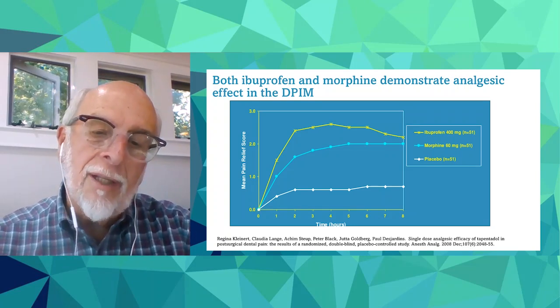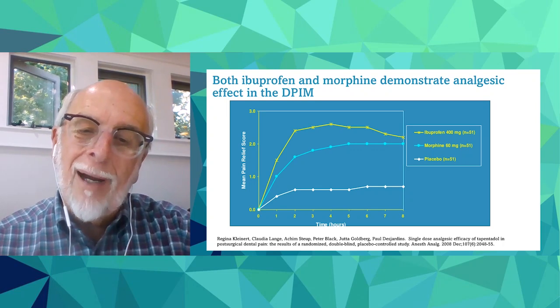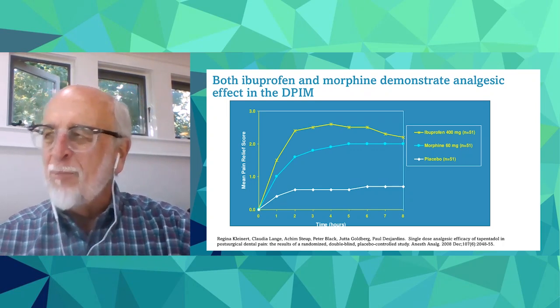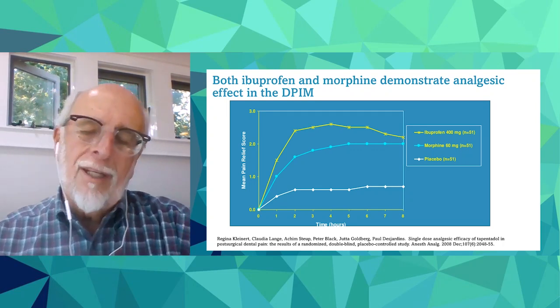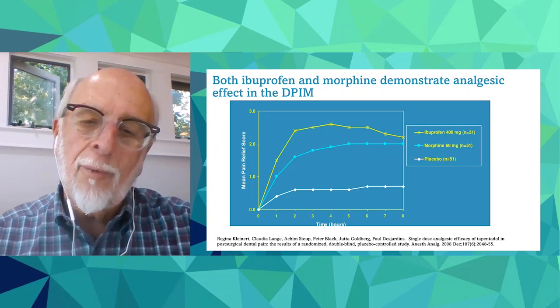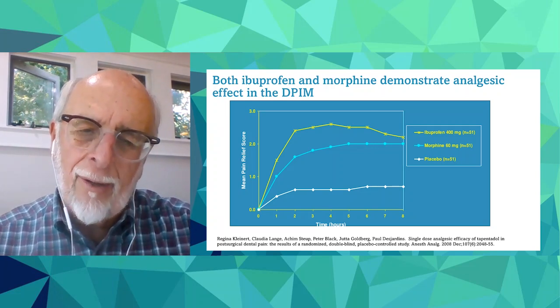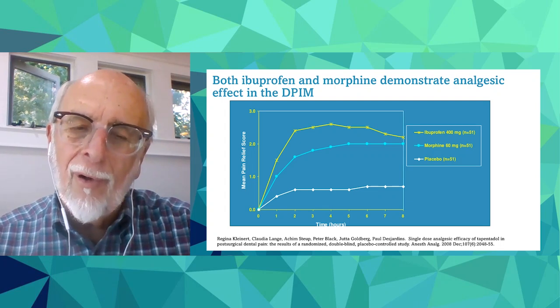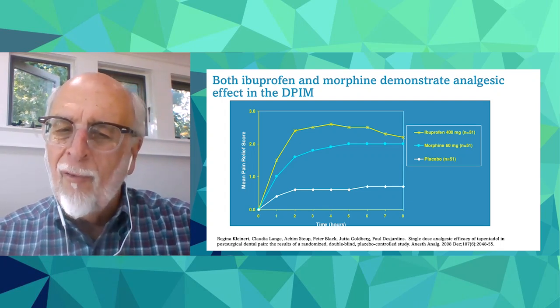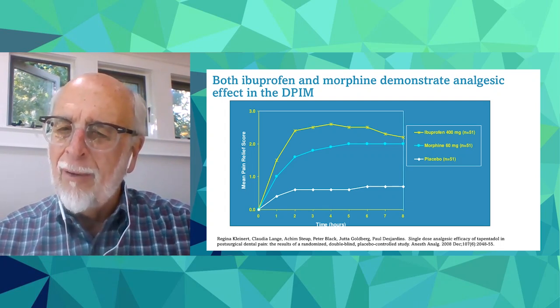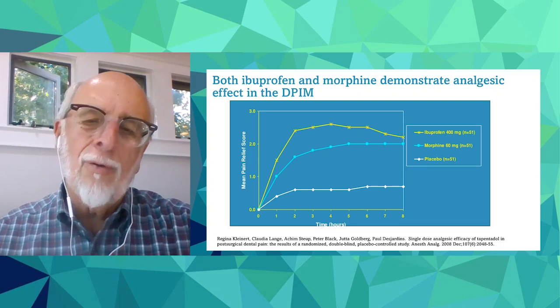And then surprisingly, we used 60 milligrams of morphine by mouth. That's probably the equivalent of 8 milligrams injected subcutaneously or intravenously. You'd see a bigger spike. And here was the ibuprofen. All of a sudden, ibuprofen 400 milligrams is performing even better than a fairly standard dose of morphine.